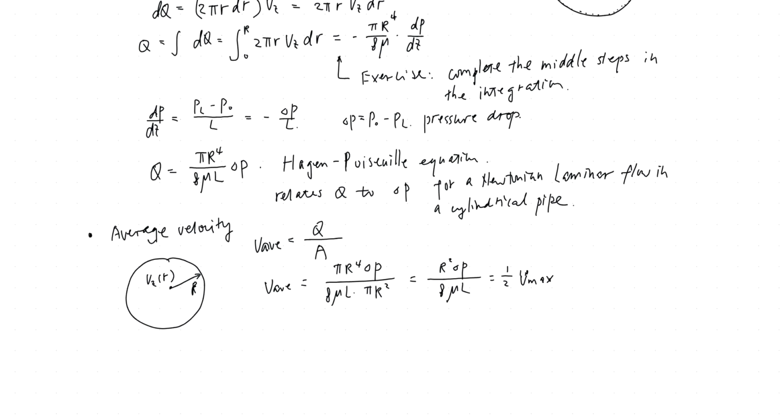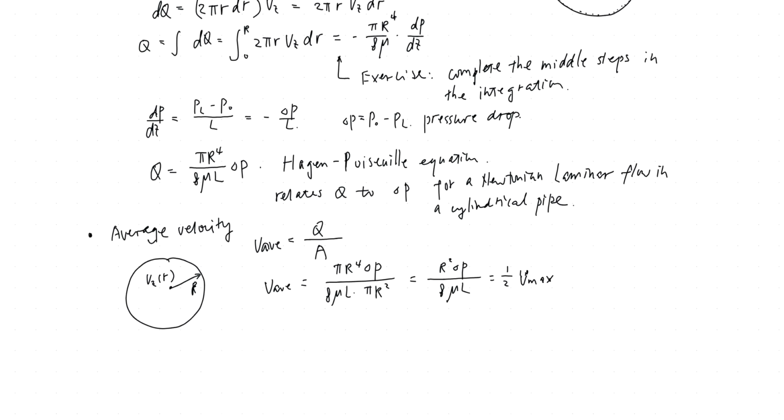If it's not this type of flow, for example, if it's not a circular cross-sectional area, if it's not a Newtonian flow, or it's something else, then you probably don't get 1/2 maximum. So a lot of students misunderstand the average velocity. They think, okay, the average would just be the maximum plus minimum divided by 2. That's why 1/2 maximum. That's not the reason why it's 1/2 maximum.